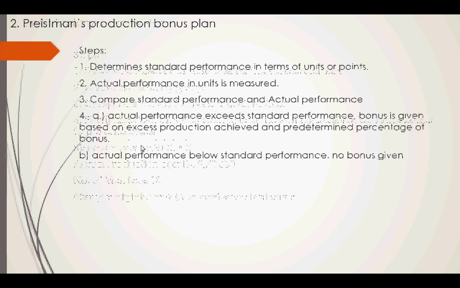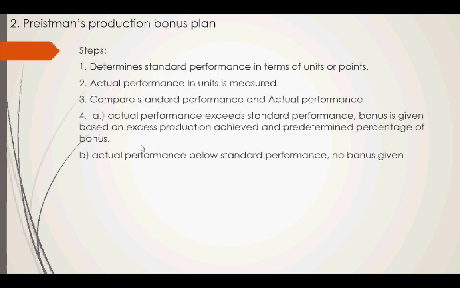Second, Priestman's production bonus plan. How do we calculate the bonus under this scheme? There are 4 steps involved in it. Number one, determine the standard performance in terms of units or points. Actual performance in units is measured. Compare the standard performance and actual performance.